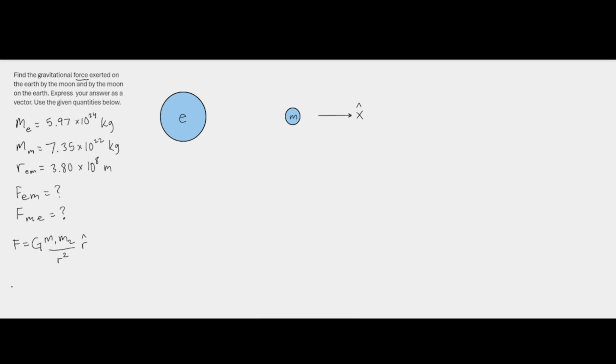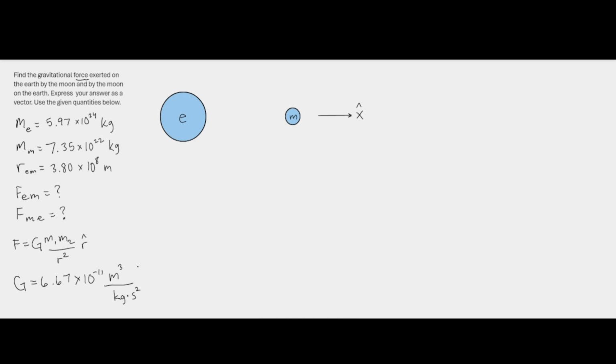Okay, and then what is G? The gravitational constant is just a special number that is true for any force of gravity between two objects. G is equal to 6.67 times 10 to the negative 11th, so it's a small number. The units are meters cubed over kilograms times seconds squared.